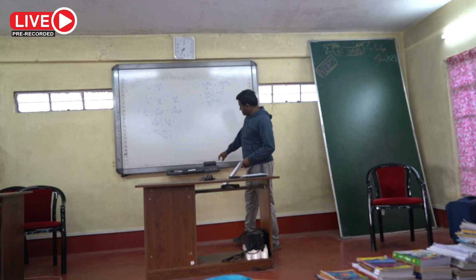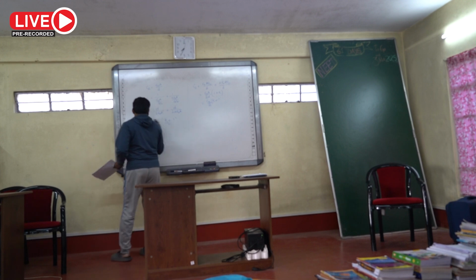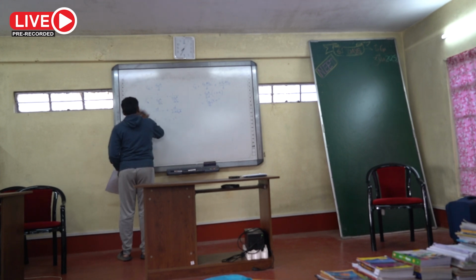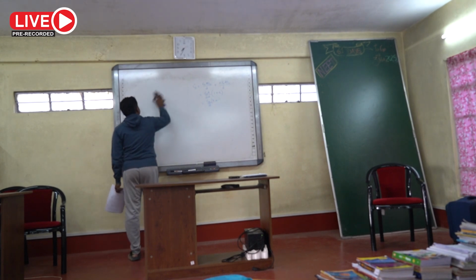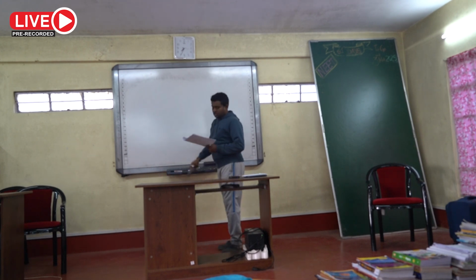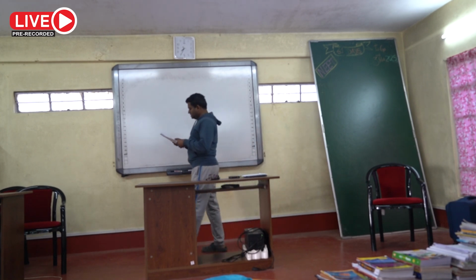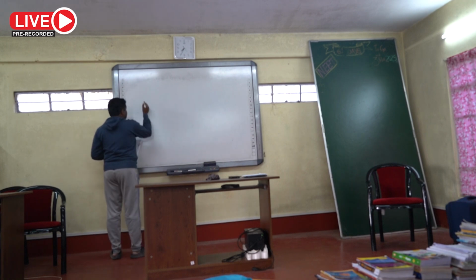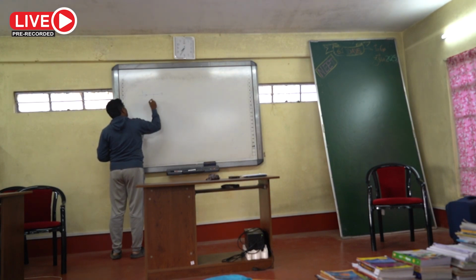Suppose the junction point has a voltage of X. Then we can consider that if a current goes like this, I, then it is divided into two parts, I1, I2.